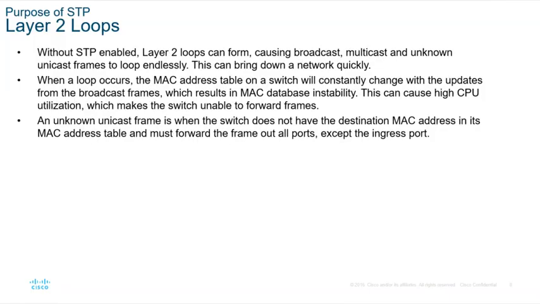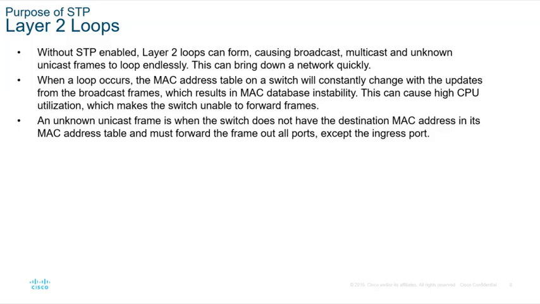So without STP enabled, layer 2 loops can form, causing broadcast, multicast, and unknown unicast frames to loop endlessly. This can bring down a network very quickly, in just seconds, because the switch is going to keep switching those same messages, rotating on the three switches, and each message received is treated as a different message.